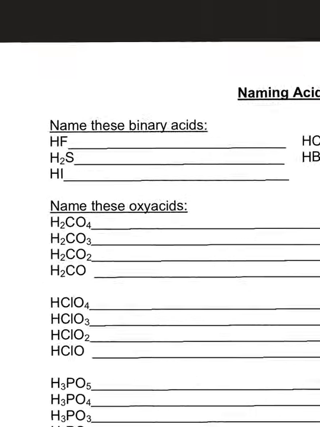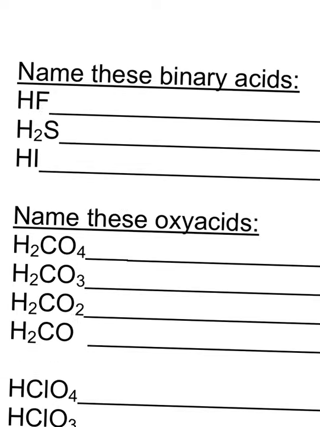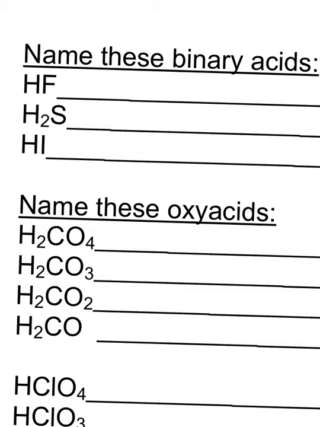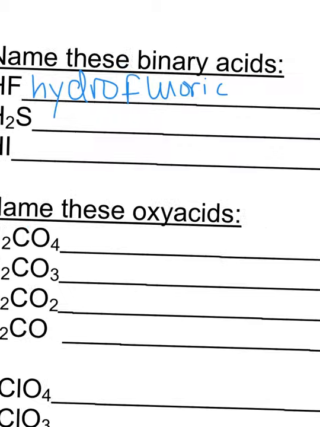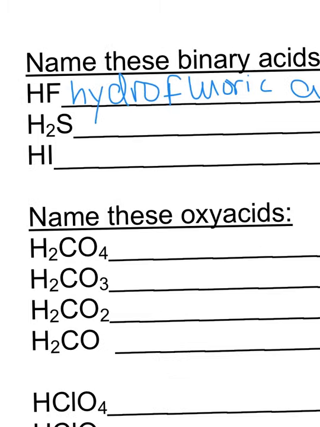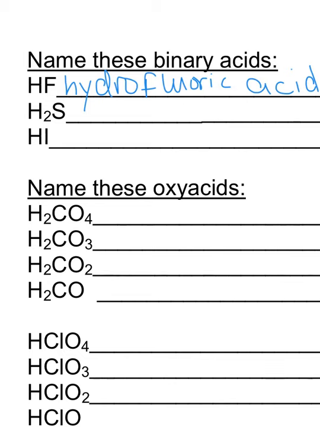So this one, the first one, see if I can blow it up enough so I can write. First one's going to start with hydro, and then that's fluorine, so it's fluor-ic, and they all end with acid. So that one's hydrofluoric acid.